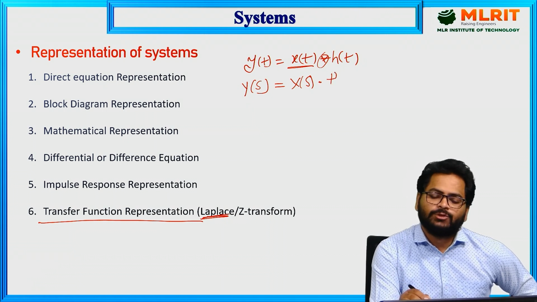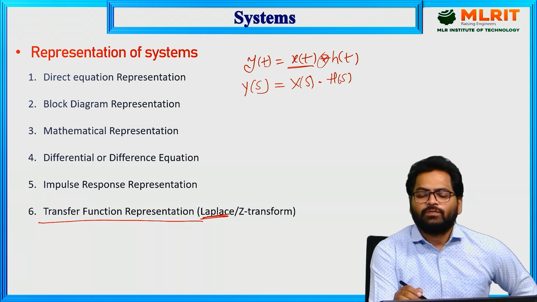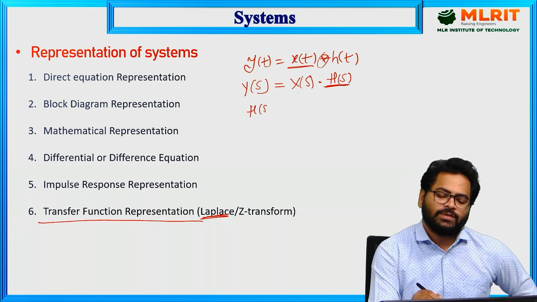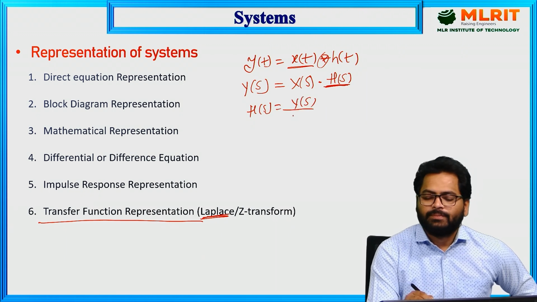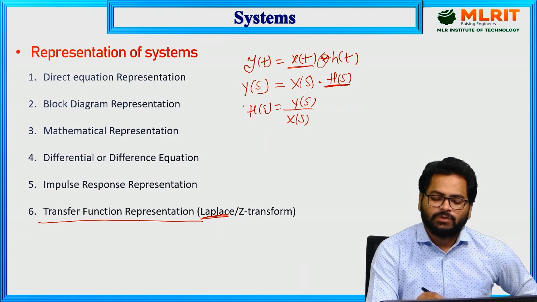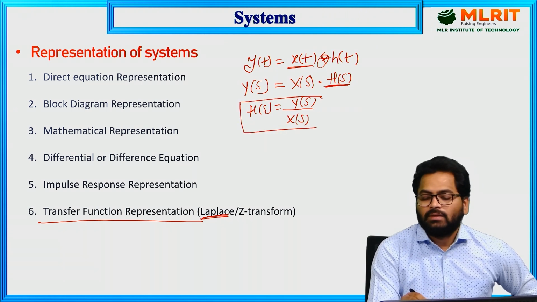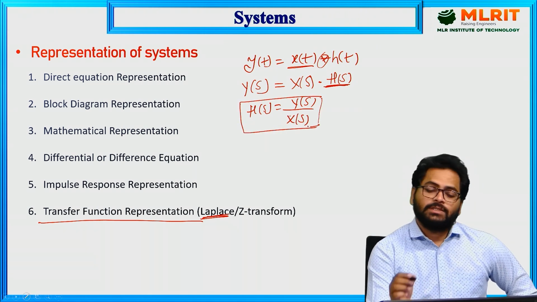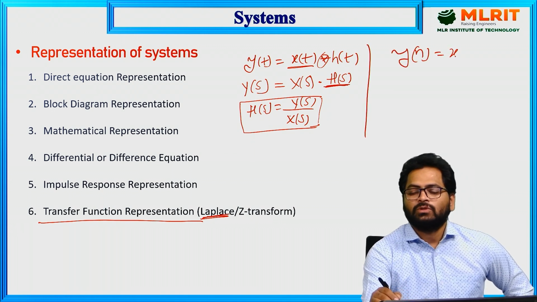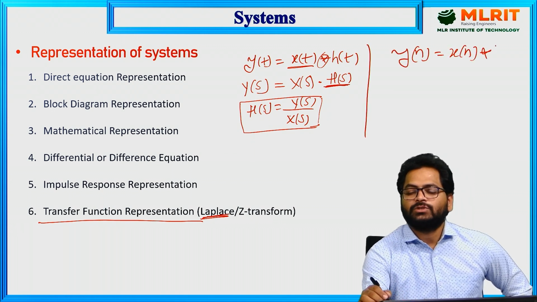So then H of s. Transfer function means we need the H of s. Then you can write H of s equals Y of s divided by X of s. So this is the transfer function representation.